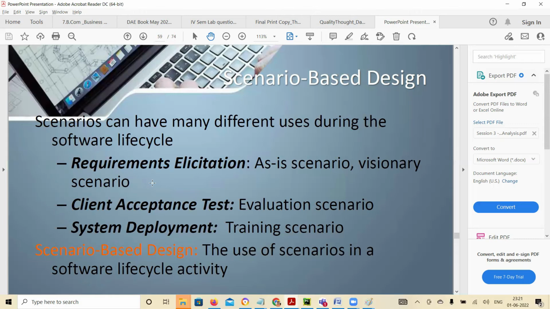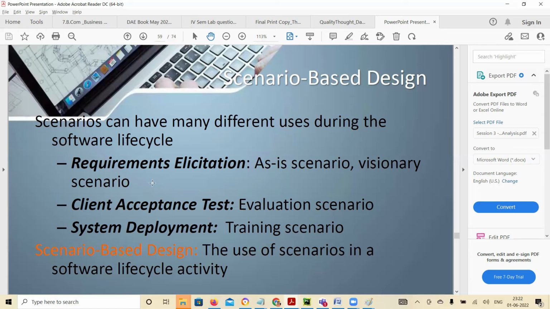So after you finish, the user will perform UAT, or CAT also you can call it, client acceptance and user acceptance. They will test the minimum features which are important for them, before they say okay we will accept it. That's called client acceptance test.